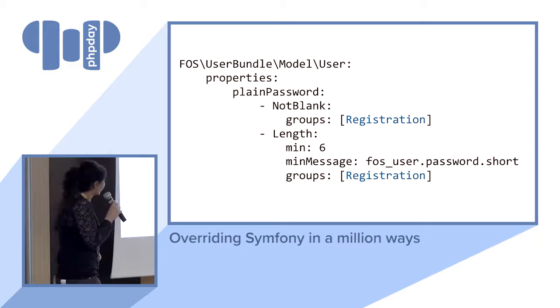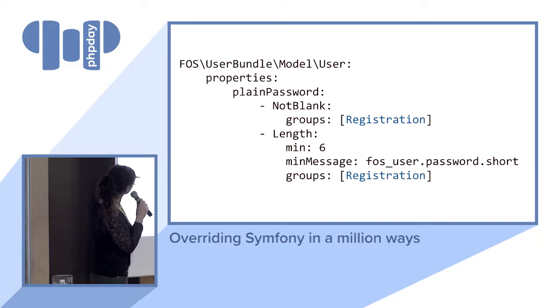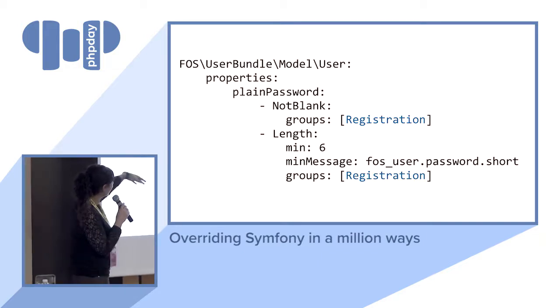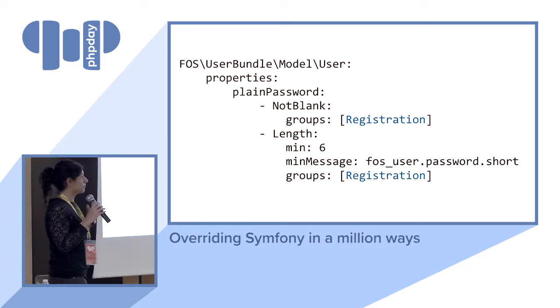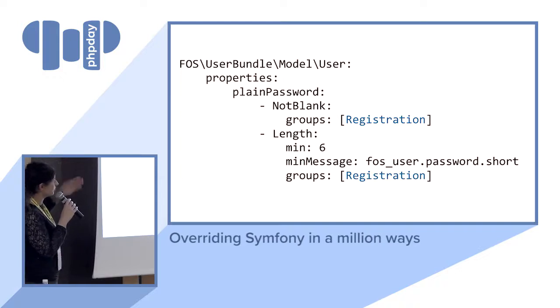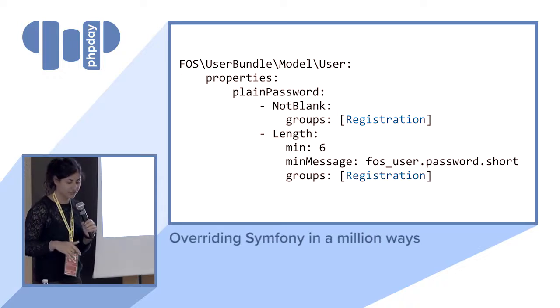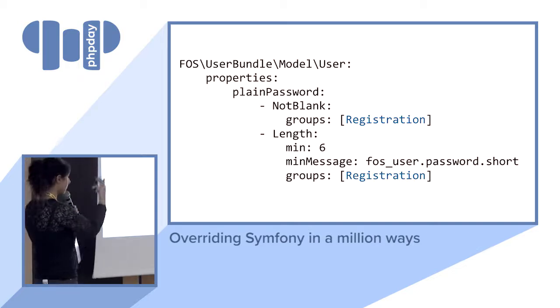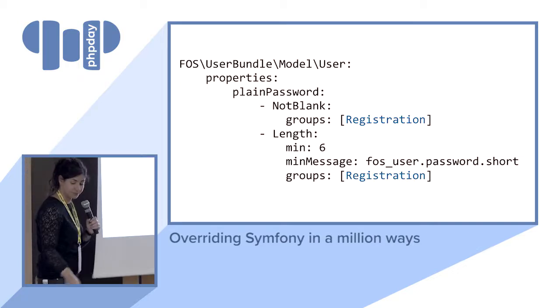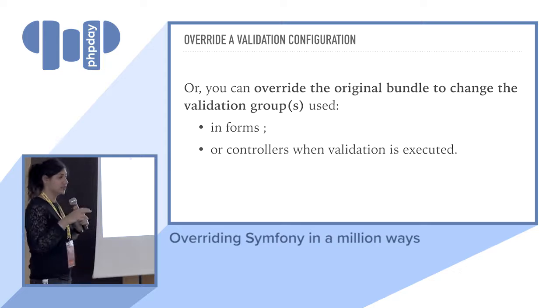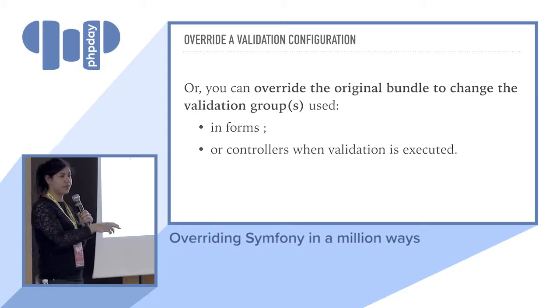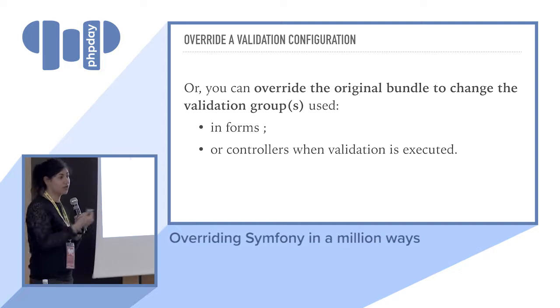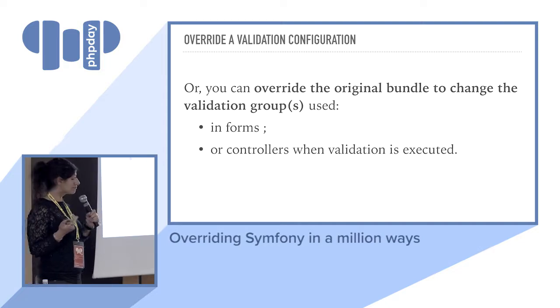I don't use it, but I put all the examples on this. So I have my property plainPassword, not blank, and so on, and I use the group Registration. Basically, I just have to rewrite this validation in my bundle with another group, and then I just have to say, okay, use this validation group instead of Registration. This way, you can override the validation constraints. Okay?